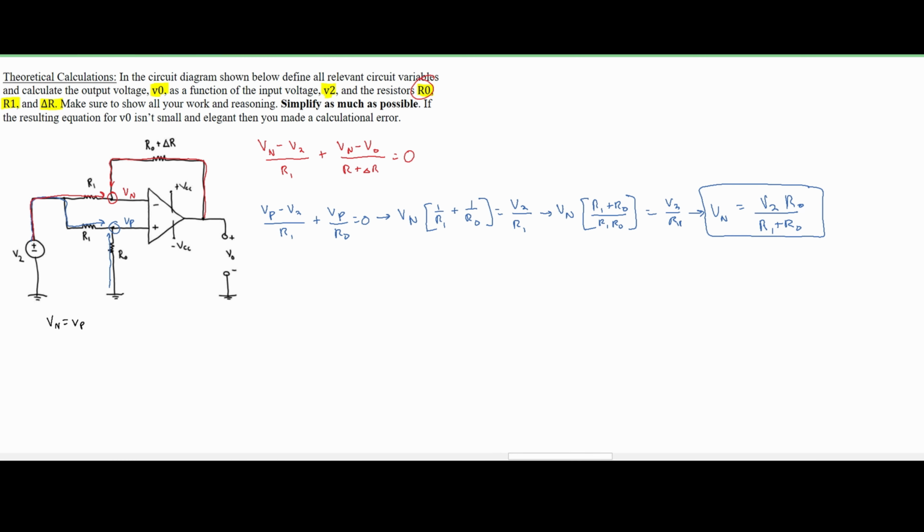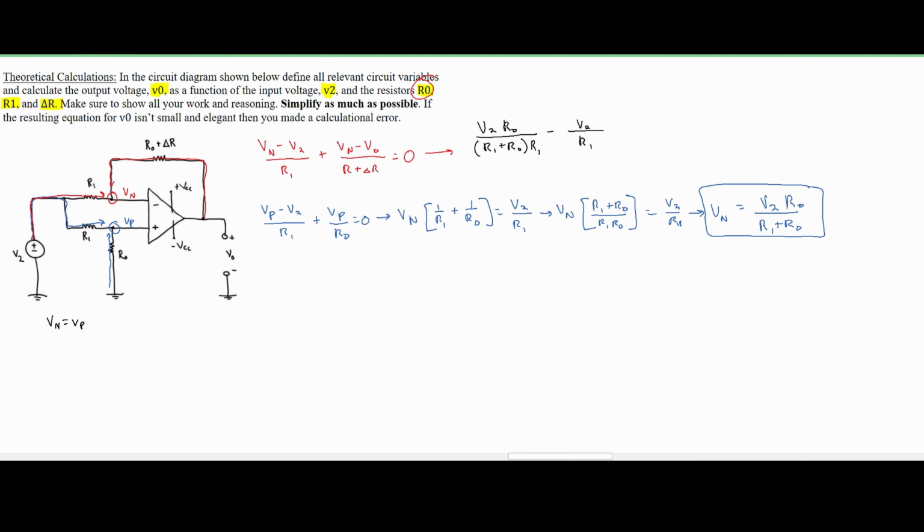So plugging back into our equation right here, we are going to have a V2 R0 over R1 plus R0 minus, and then we can actually just move this into this part and then this part. So what we're going to actually have is this being multiplied by our R1. Then we have a minus V2, and this is all over our R1.